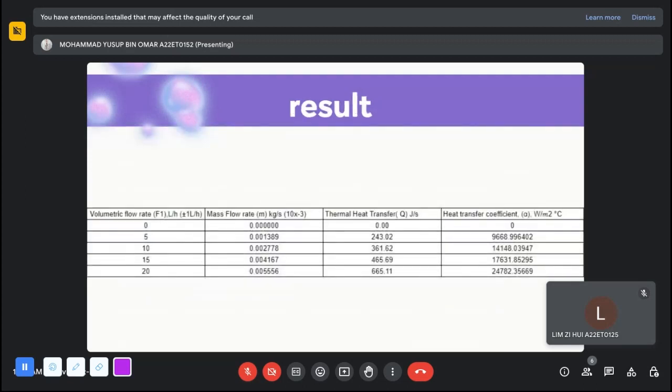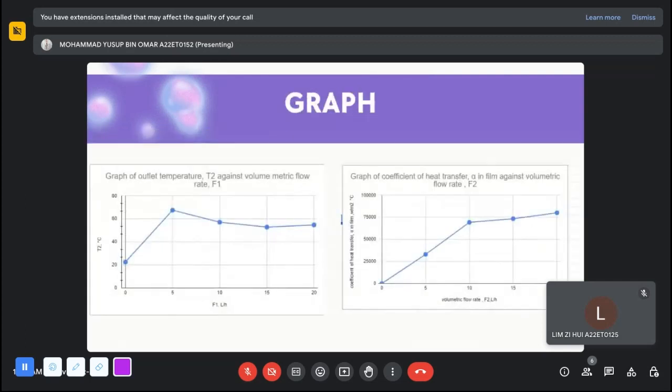Next. So this shows the mass flow rate, thermal heat transfer and heat transfer coefficient for the film condensation. For 0 liter per hour, all values are 0, and for 5 liter per hour until 20 liter per hour there are values, and the heat transfer coefficient increases while the volumetric flow rate increases.